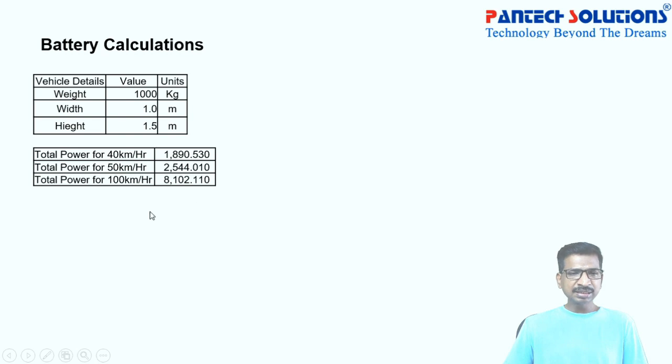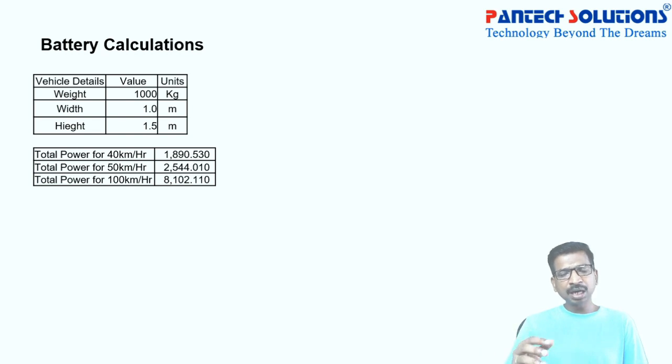This is just a typical value I took, so you have to achieve this value by the calculations. And for 100 km per hour, an 8.1 kilowatt motor is the required power to move your vehicle.